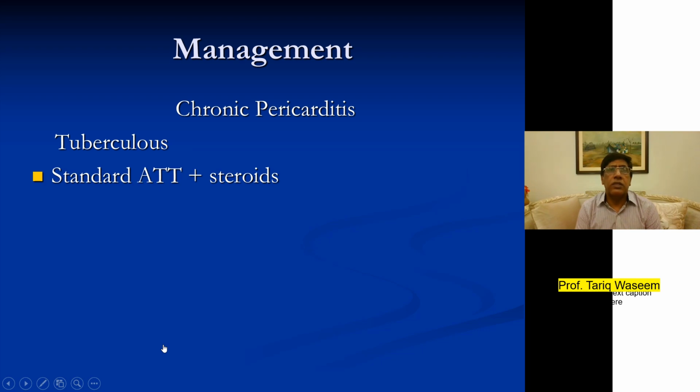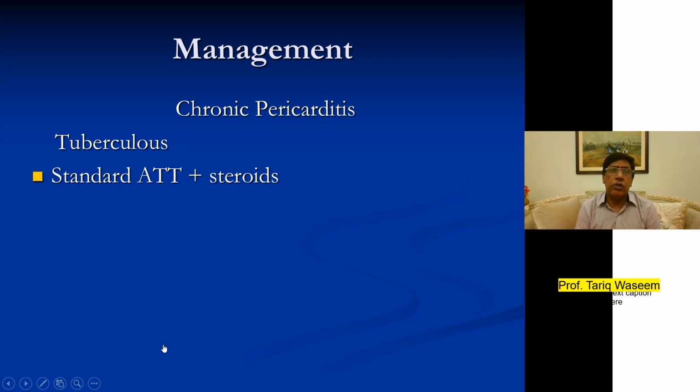So in these cases where the pericardial effusion is augmented with documentation of AFB on GeneXpert on a pericardial fluid or documentation of other ancillary investigations, you probably administer standard anti-tuberculous therapy for 6 to 9 months, and in the majority of these patients they would be given steroids as well.